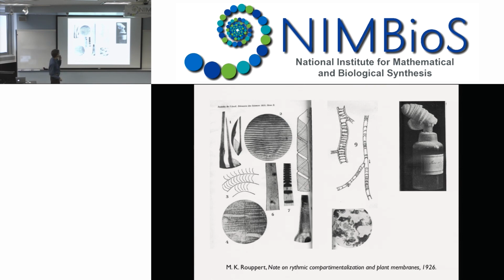But before that, just because this is supposed to be a math bio talk, this figure is all from a paper from 1926, Note on Rhythmic Compartmentalization in Plant Membranes. This might look like some of the rhythmic oscillations that we get in the experiments we do, and they certainly thought so back in 1926. This is an experiment very much like the one I showed you with what I call micro geysers.